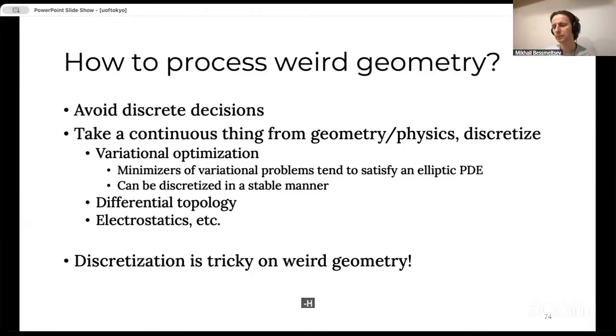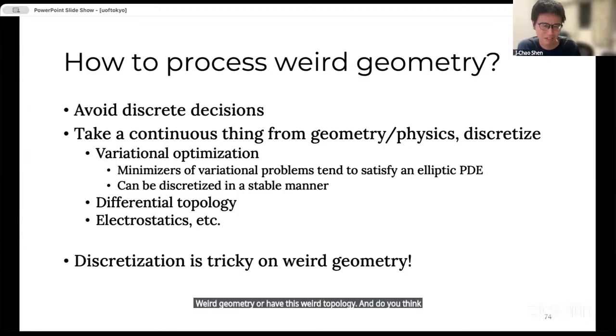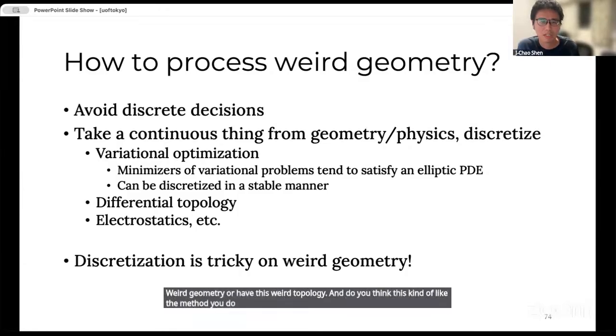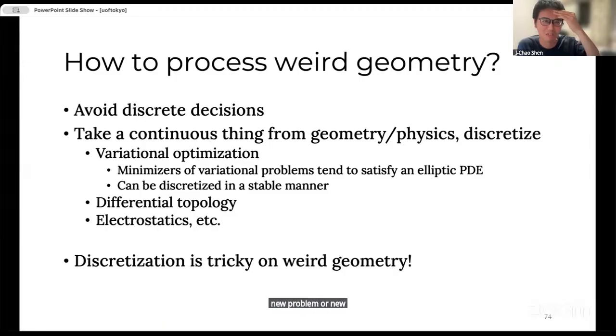Do you think the method you and your group are working on faces any new problem to solve given this trend?